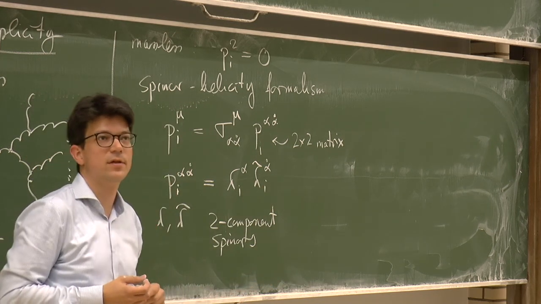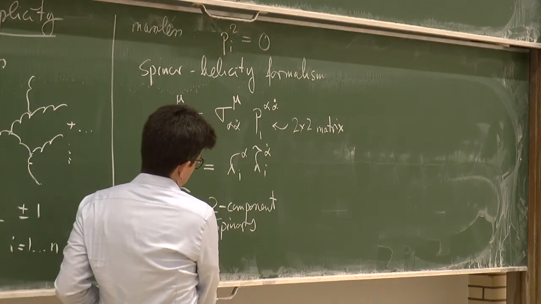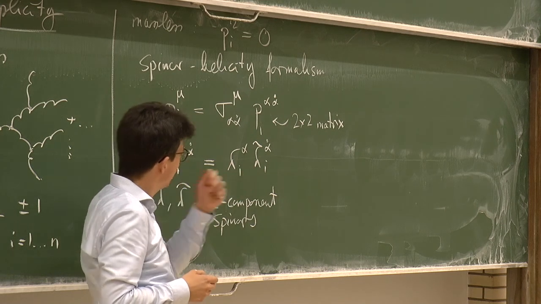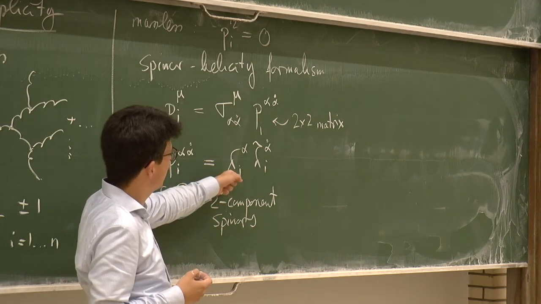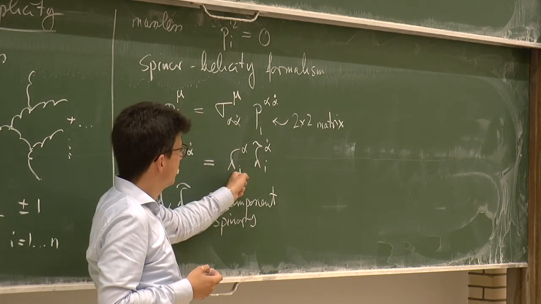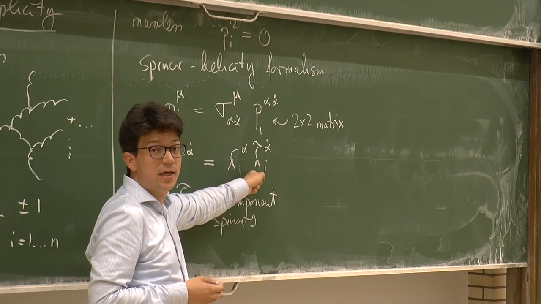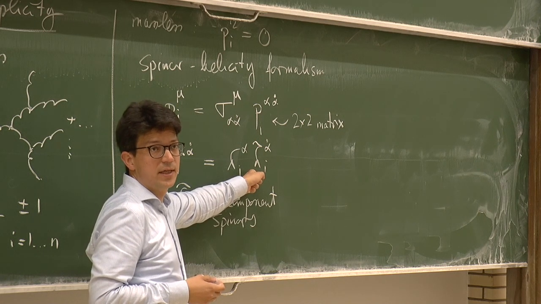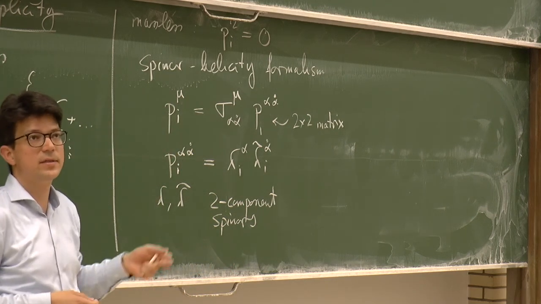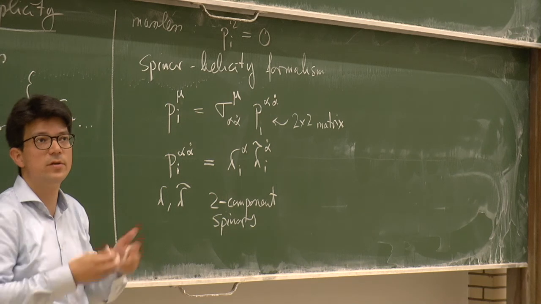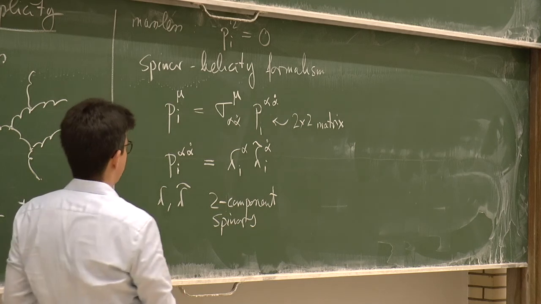So there's something a bit funny here, but in fact it's the following, that writing this product, we've introduced a redundancy, and the redundancy is that we can simultaneously rescale lambda and lambda tilde. So if I rescale lambda by some number and lambda tilde by its inverse, then this rescaling drops out. So in fact there's only 3 degrees of freedom, and there's simply a redundancy. If you wish, you could call it a symmetry, but I prefer to call it a redundancy. So in reality there are only 3 degrees of freedom.